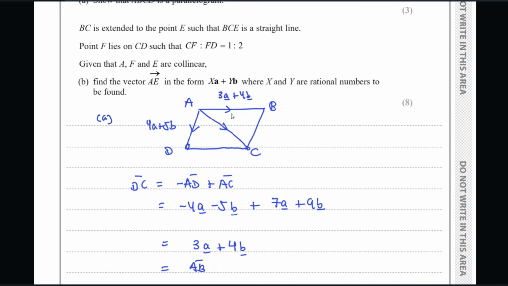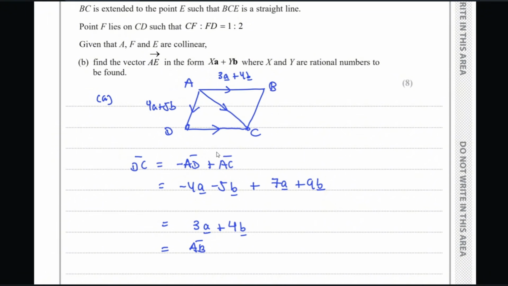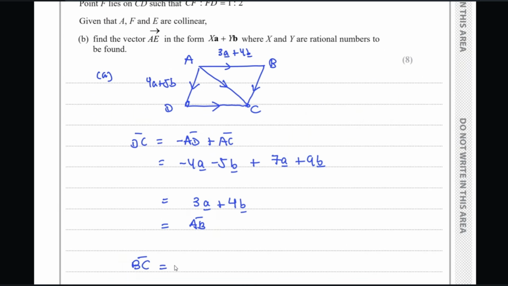That shows vector AB and vector DC have equal lengths and are parallel as well. Then we'll need to work out the value of vector BC to show the other pair of parallel sides and equal lengths. So vector BC, let's say we go from B to A, which is negative AB, then we go A to C, which is plus AC.